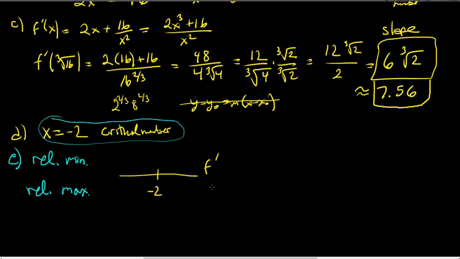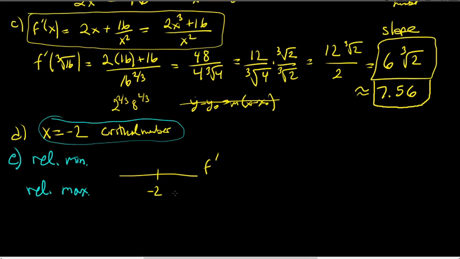I guess most of you did the first derivative test. So here's the derivative, way up here. And so just plug in a number bigger than negative 2. 0 would be nice, but 0 is not in the domain, right? So you can't plug in 0. So maybe plug in 1, and you get 2 plus 16 is 18. 18 divided by 1. So that's definitely a positive.